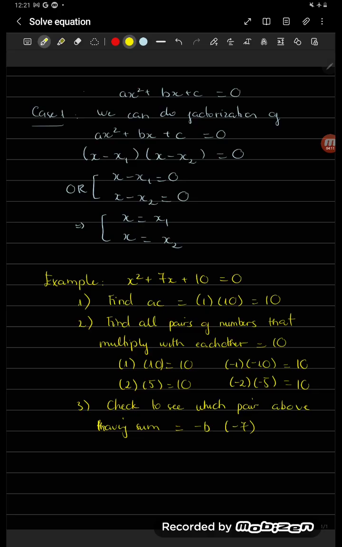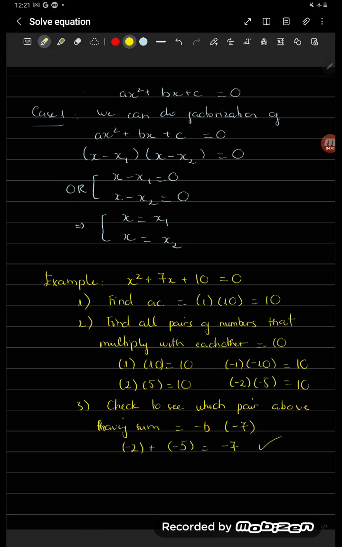You can calculate very quickly, right? 1 plus 10 is 11, so no. 2 plus 5 is 7, not negative 7, so reject. We also reject this one. And negative 1 plus negative 10 equals negative 11, so we also ignore. Negative 2 plus negative 5 equals negative 7, right? So we take that one.